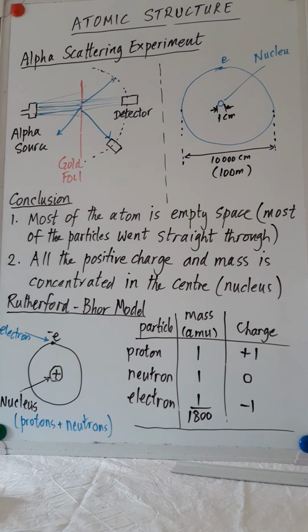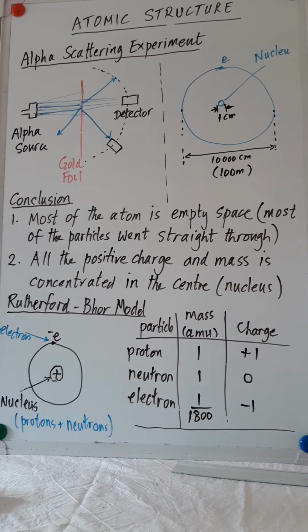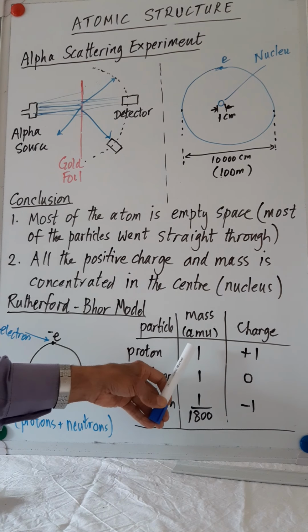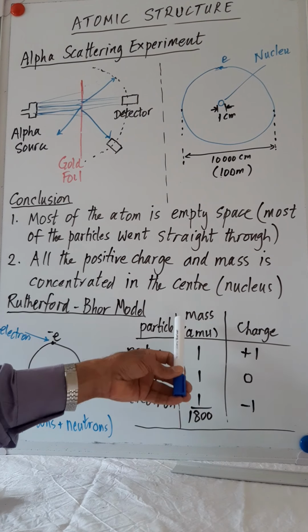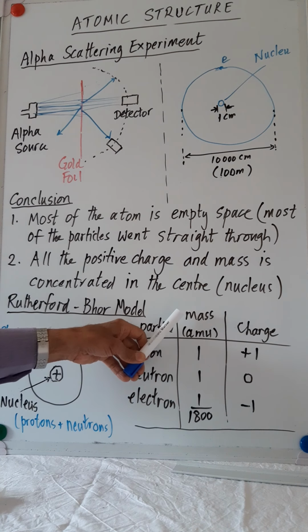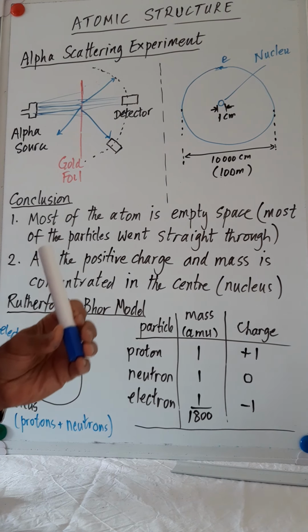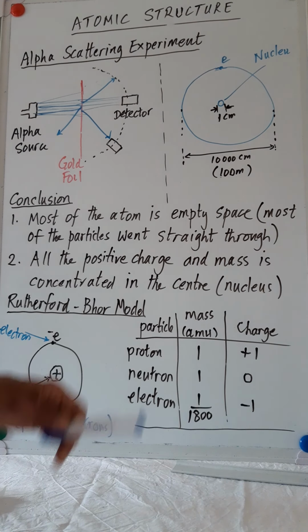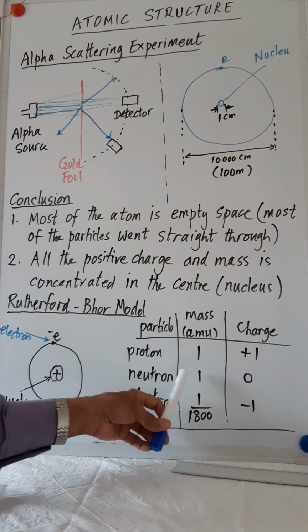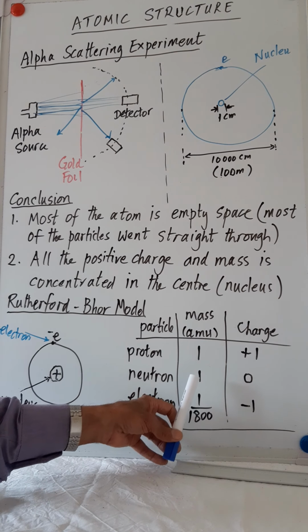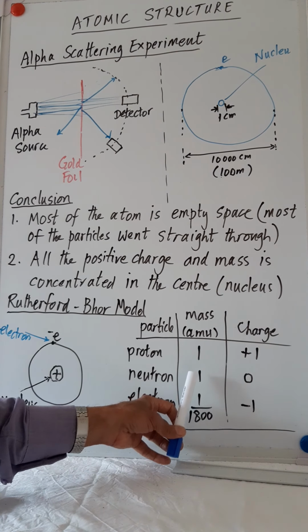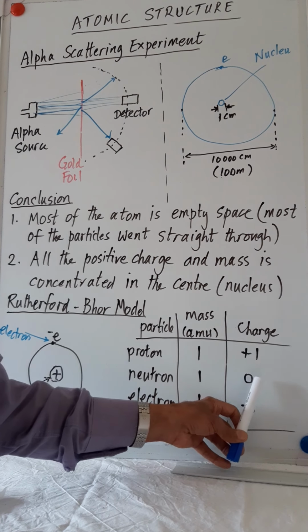So we know that the nucleus is made up of 2 types of particle. One is proton, which has a positive charge, and its mass is one atomic mass unit. AMU stands for the atomic mass unit. Neutron also has a mass the same as proton, almost the same as proton, which is 1 atomic mass unit, but it has no charge.